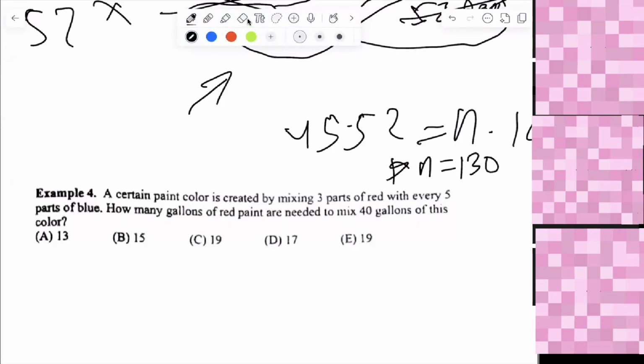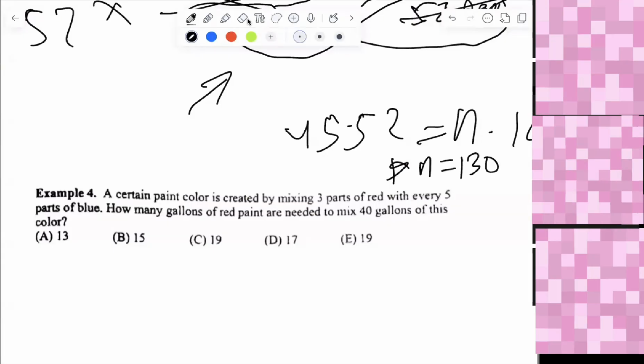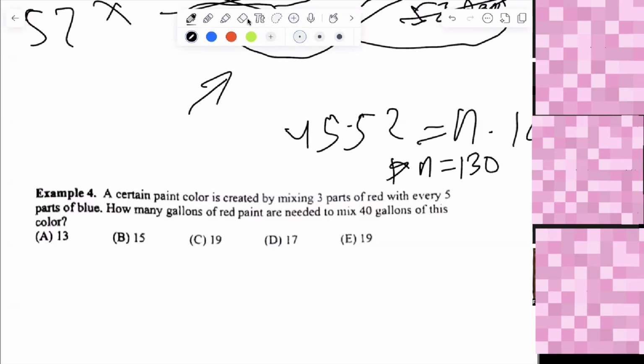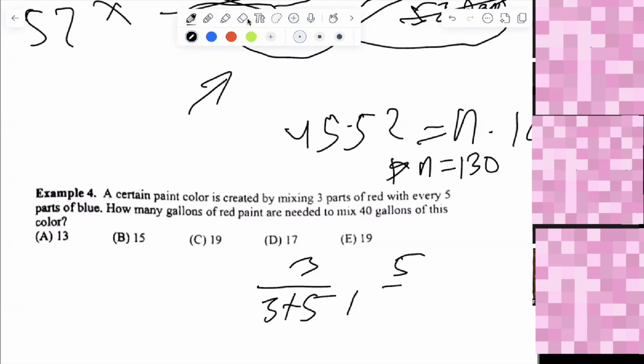Why? Because we have 3 parts of red and 5 parts of blue. The fraction in a gallon will not be 3/5. It will be 3/8 because you still have to include the 3 parts of red itself. So the fractions are 3 divided by 3 plus 5 and 5 divided by 3 plus 5, or 3/8 and 5/8.